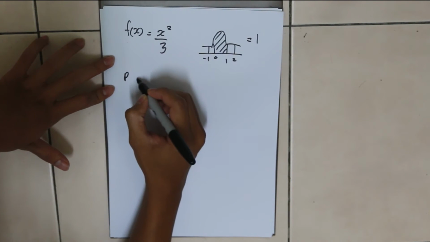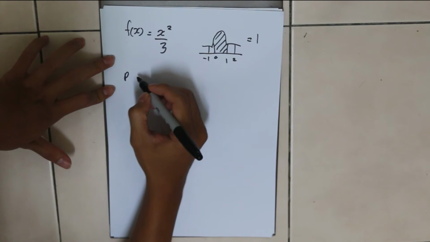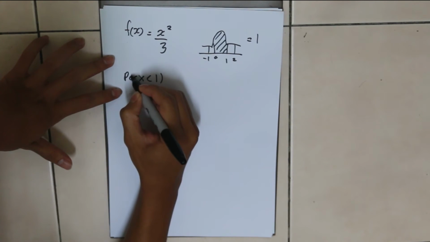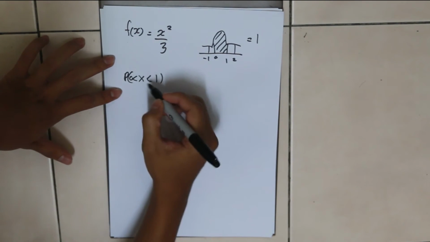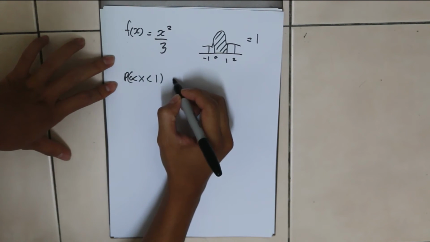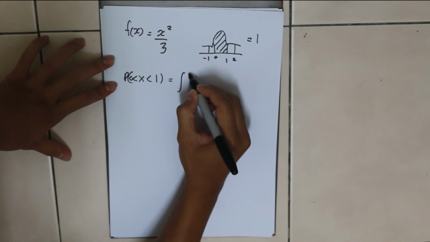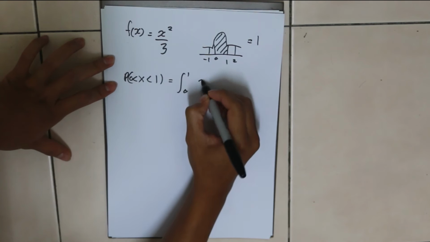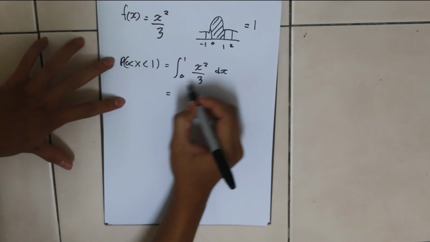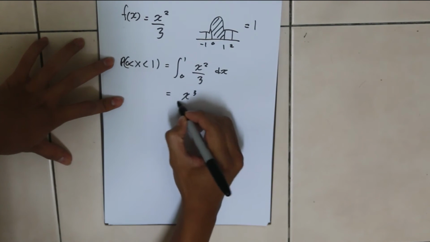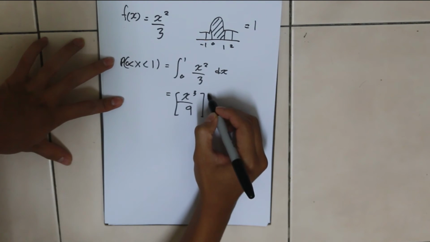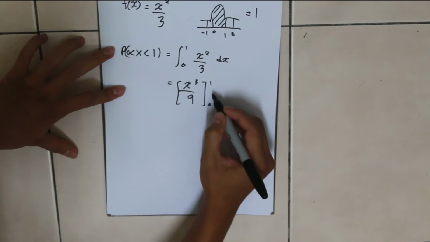Firstly, we list the formula first, which is the interval of x from 0 to 1. X is the random variable of the PDF, equal to the integral from 0 to 1 of x squared over 3 dx. Then we integrate this function, and we will get x cubed over 9 over the boundary of the integral, which is 0 to 1.